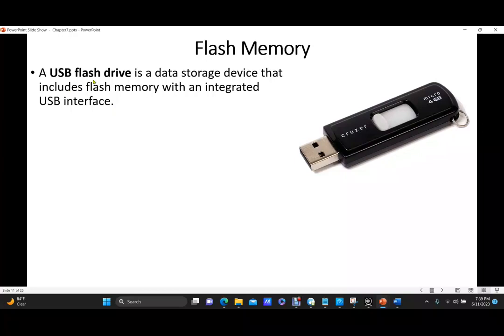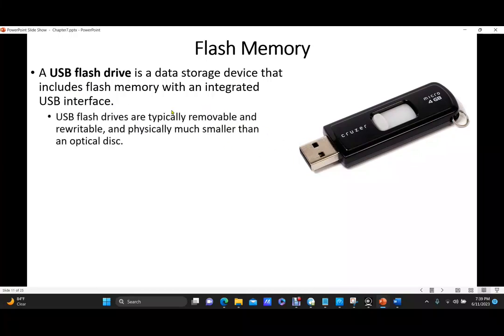A USB flash drive is a data storage device that includes flash memory with an integrated USB interface. USB flash drives are typically removable and rewritable and physically much smaller than an optical disk.